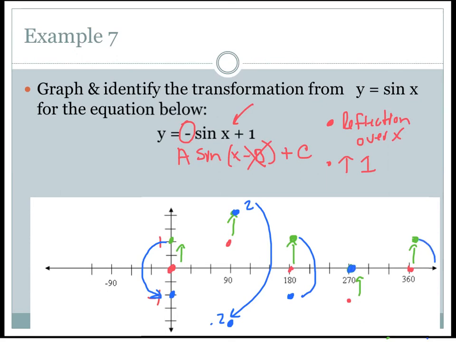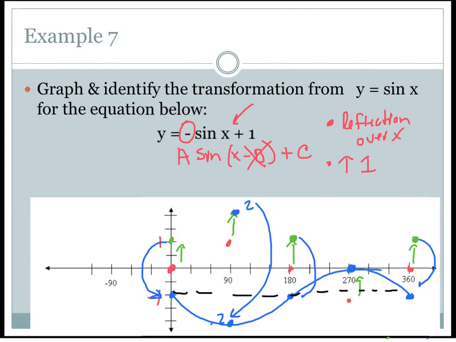And then this guy is going to flip down to negative 1 right here. And we get the smooth curve. Oops, that last one should be down a little further. There we go.